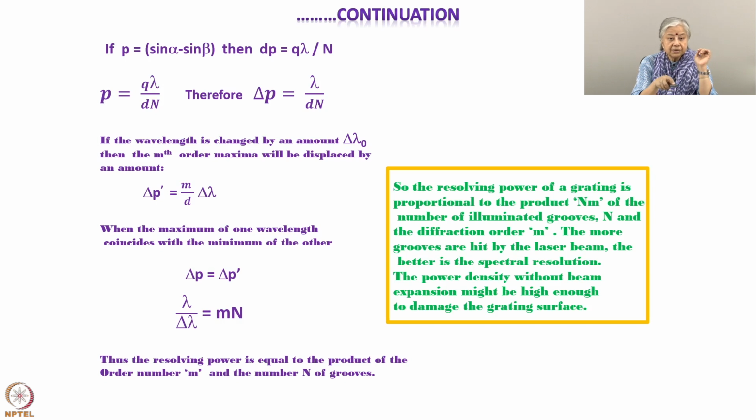Now, suppose I write P is equal to sin alpha minus sin beta. This is the same thing, I am just putting it in terms of P, sin alpha minus sin beta. Alpha of course remains the incident angle and beta is the diffraction angle. Then dP is equal to q lambda by n. See, this is the P, this is q lambda by dn, that comes from the previous equations.